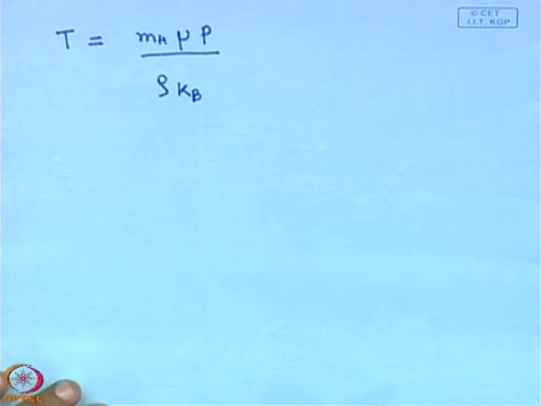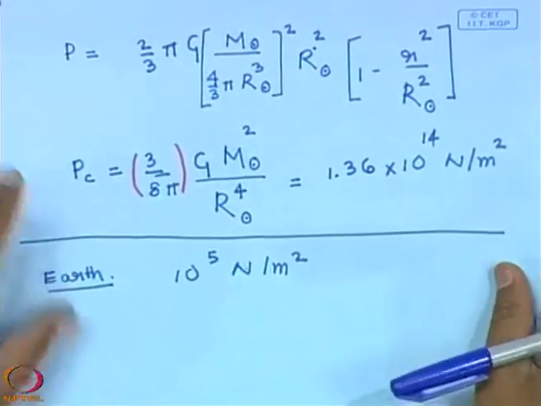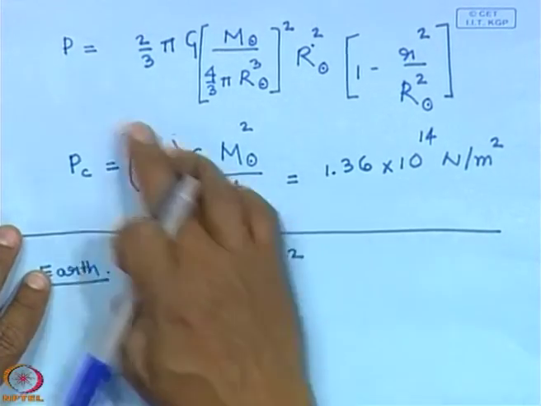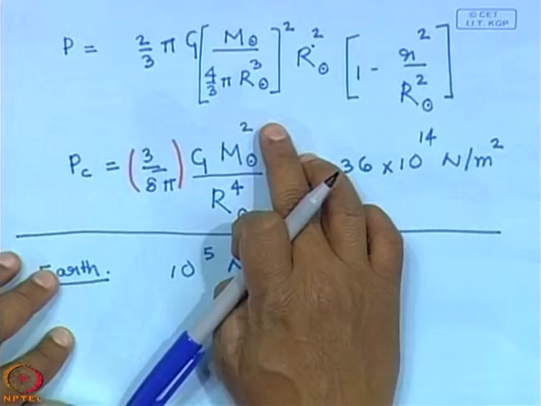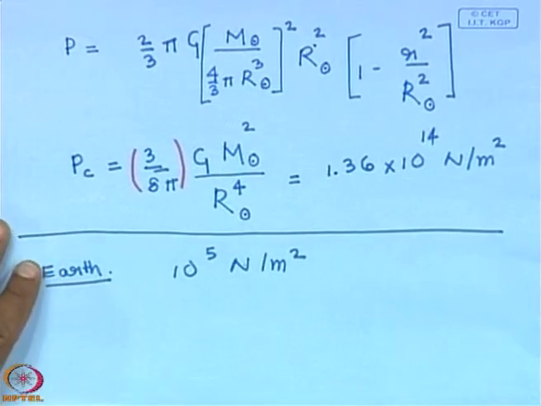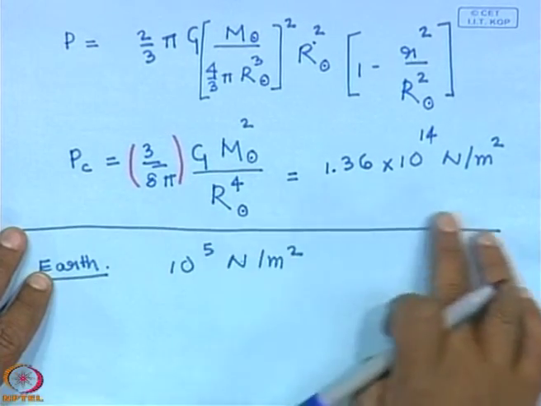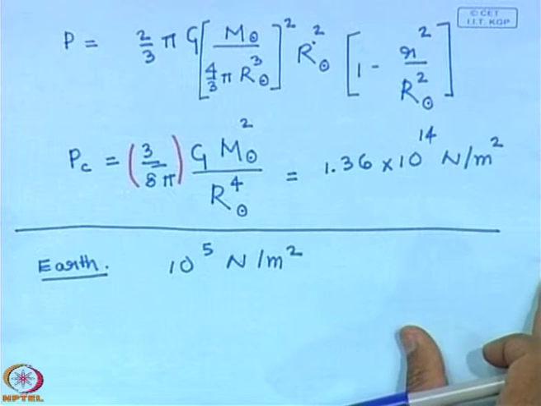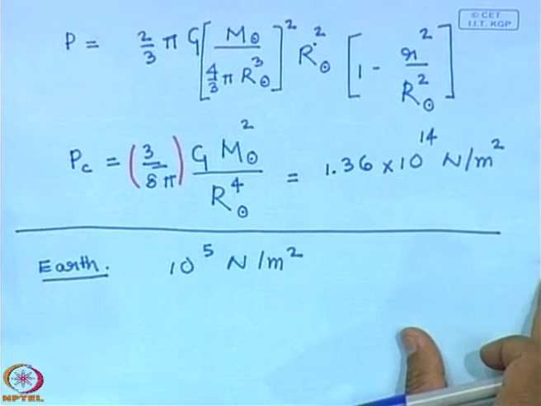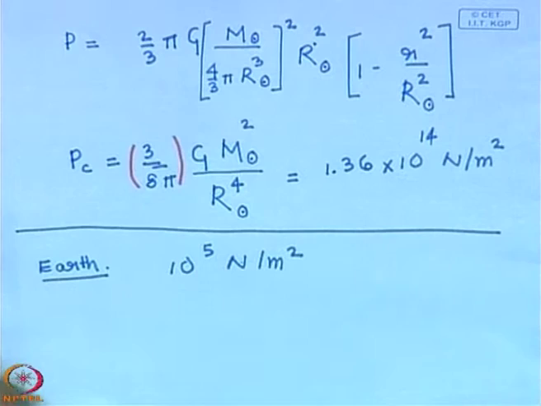Right, this gives the temperature. So we can now use the pressure that you have calculated to calculate the temperature inside the sun, and we can use this to calculate the temperature at the center of the sun. So let us take this and estimate the temperature at the center of the sun.